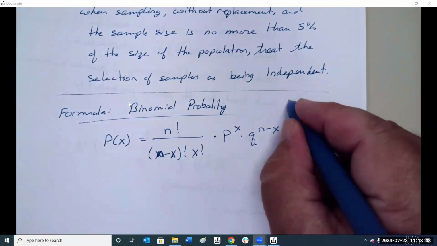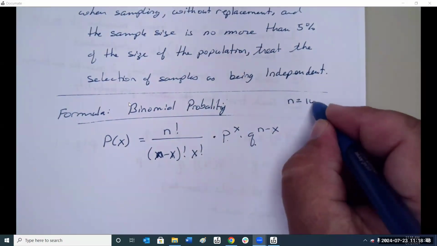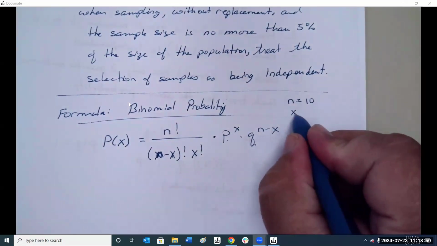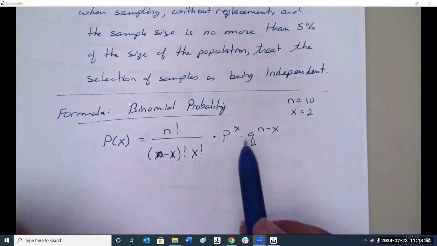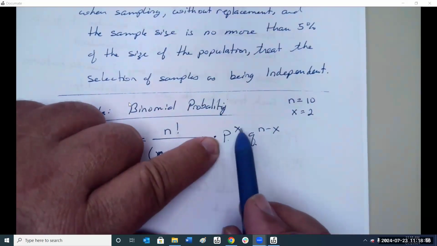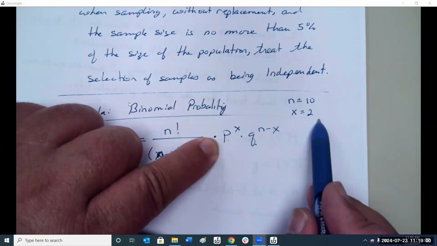Q is, and look at these two by themselves. Remember, if we have n total samples, let's say it's 10, and X is 2, we only want 2 out of the 10. So in our formula, we have P to the power of 2. How many do we have left out of the 10?